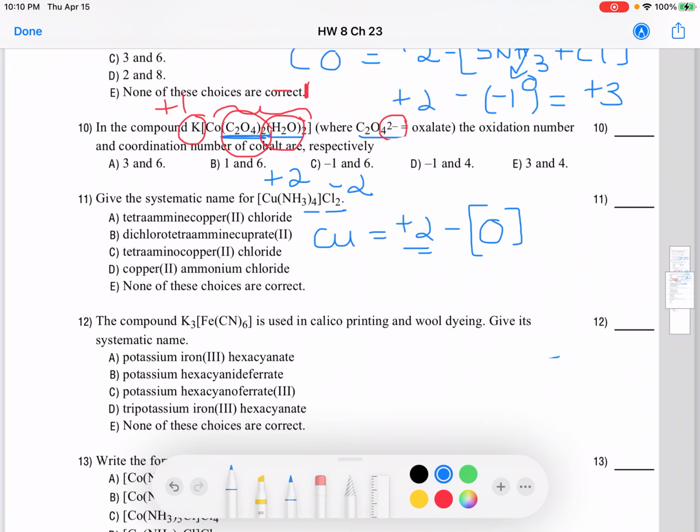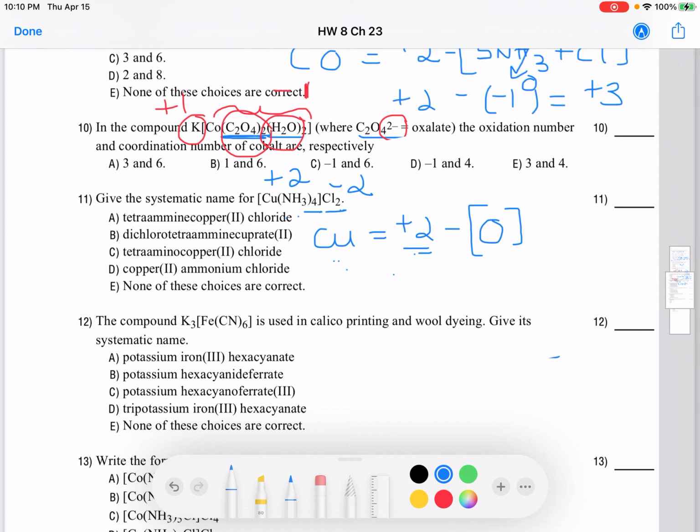There are 4 amine groups, so tetraammine. Copper we found is 2. So it's tetraamminecopper(II) chloride.